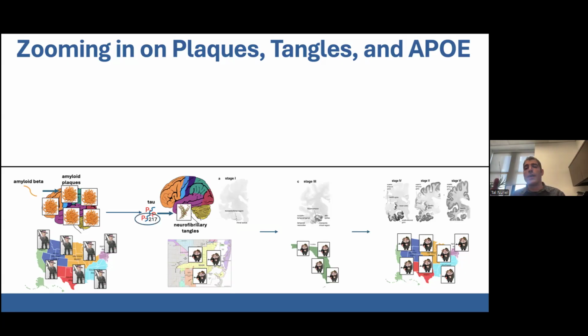It turns out one of these phosphorylation sites, amino acid 217, is happening definitively downstream of this amyloid process. And it's also showing up, entering the blood, the tau P217 containing tau.